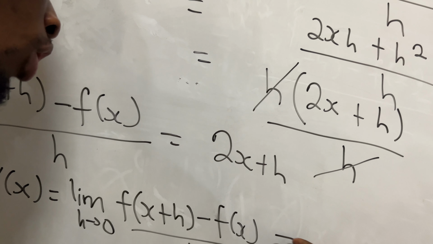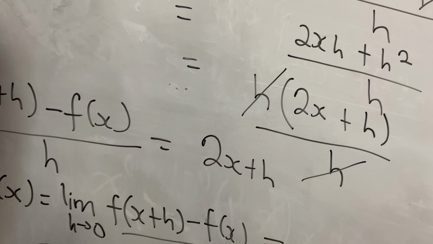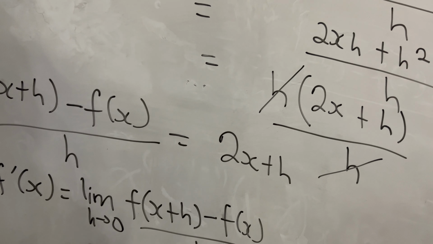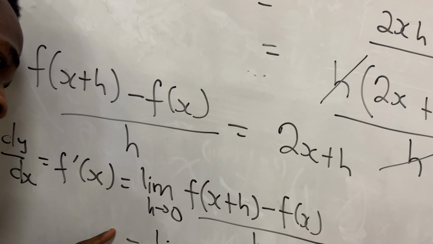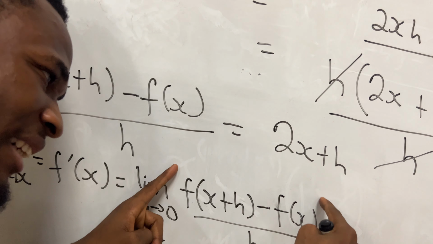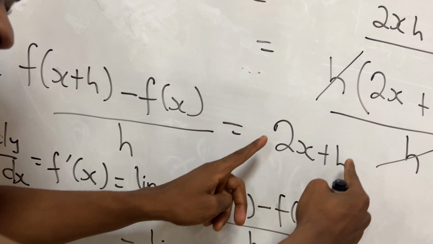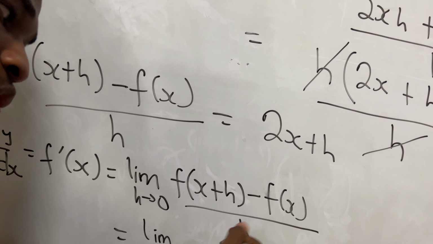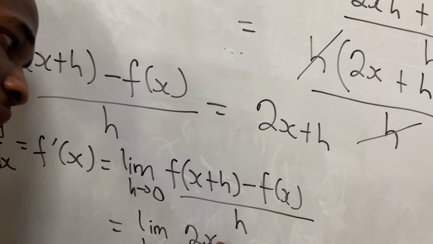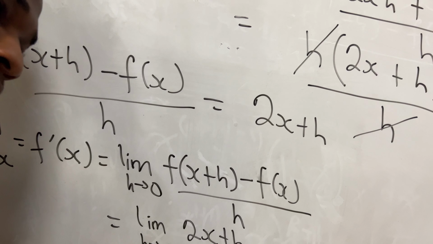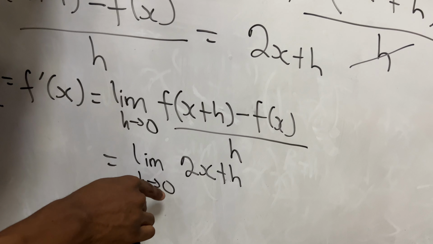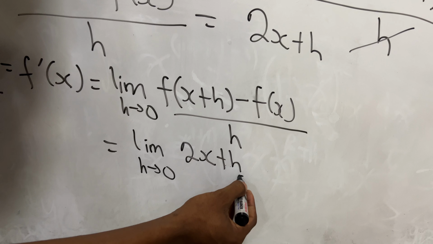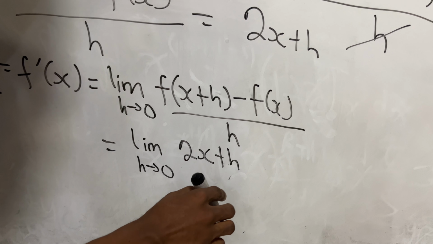You know that this is the same as, I have my limit, and h approaches 0. Now wherever I see this, it is the same as this expression over here. So I'll write 2x plus h. But please note over here, we are saying that h approaches 0. So now wherever I see h, I'll put the value of h to be equal to 0.